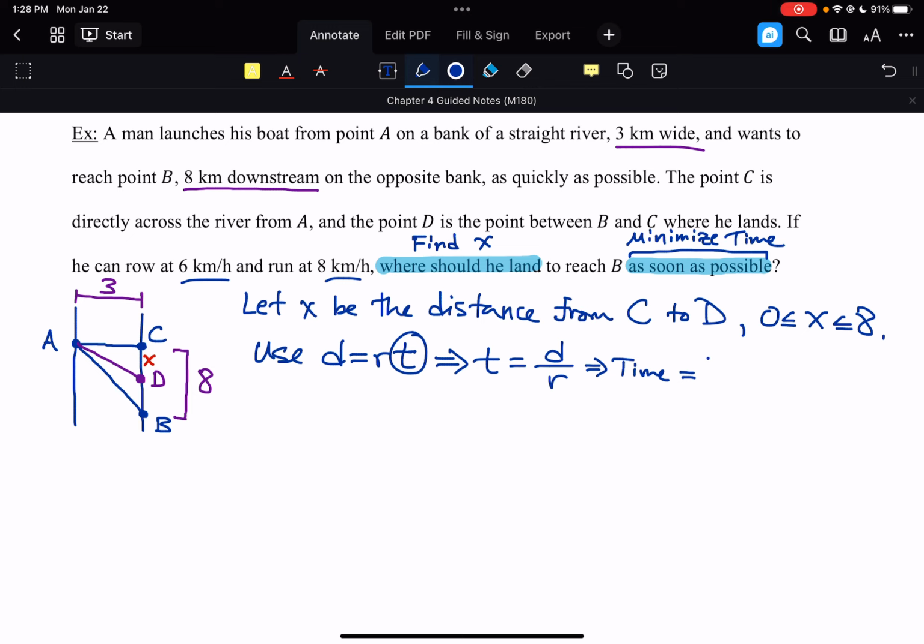So we're going to have the rowing distance over rowing rate plus the running distance over the running rate.